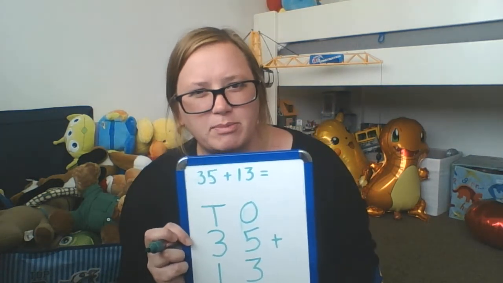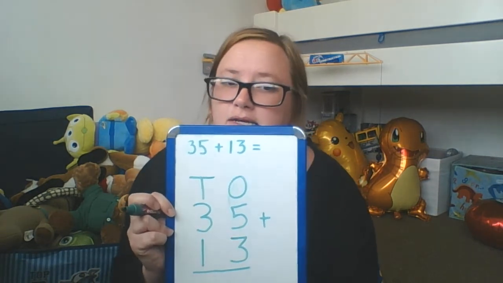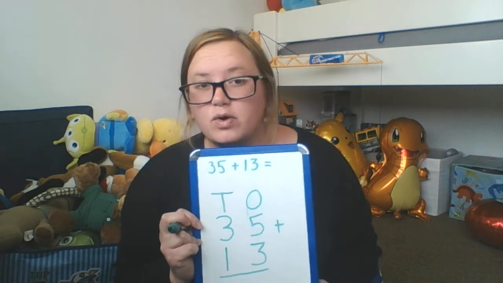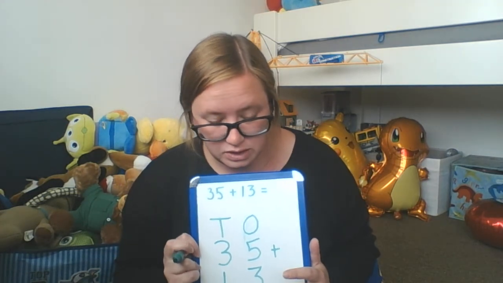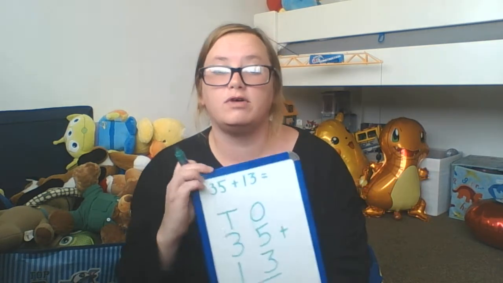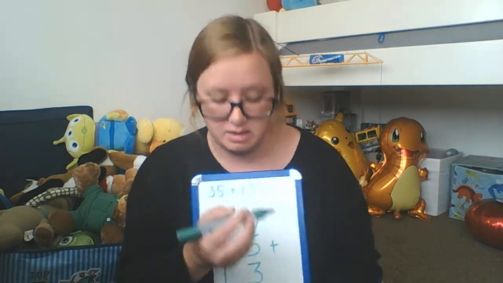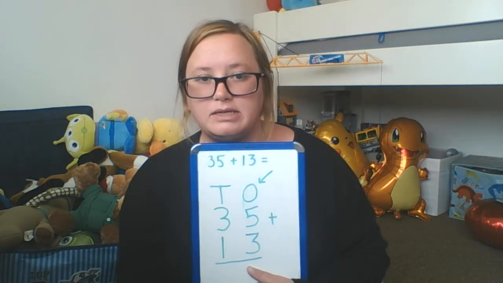I wonder if any of you remember what that special rule is when we are using this strategy. We must always start with the column that is furthest to the right. So for us, that's going to be this column here, the ones column.